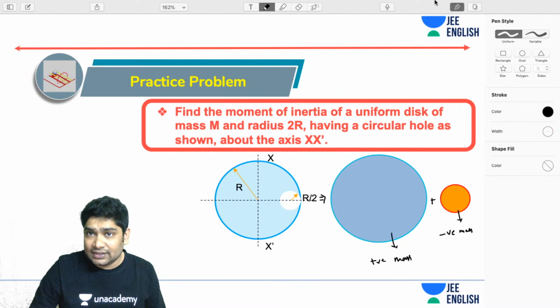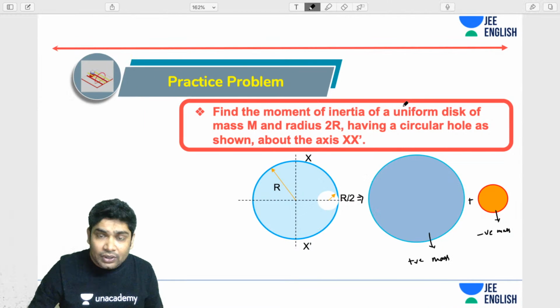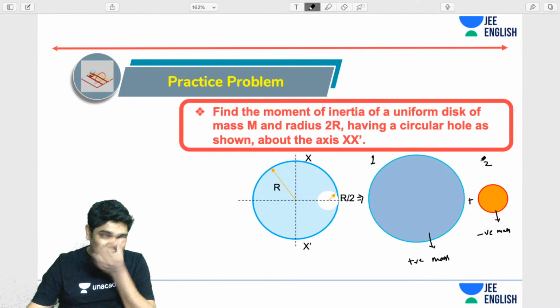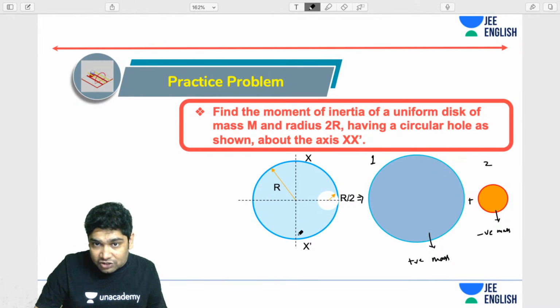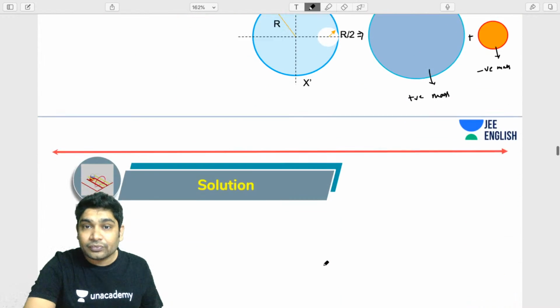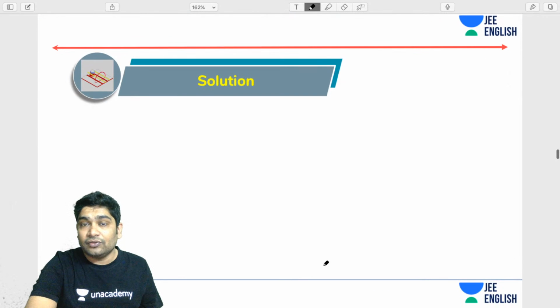Let's call this disk 1 and this disk 2. First of all, I want to calculate the moment of inertia of 1 and 2 individually about this axis.